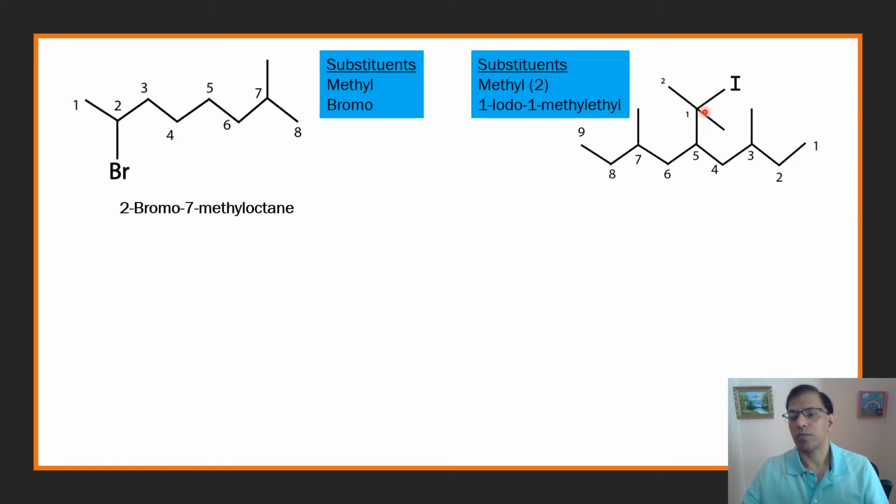The branched carbon atom that's attached to the parent chain is numbered 1, and this is number 2, and so you have an iodo group and a methyl group attached to carbon atom 1. So it's called 1-iodo, 1-methyl ethyl. Remember, this is in alphabetical order. So this is the name of the branched chain that is attached to the parent chain.